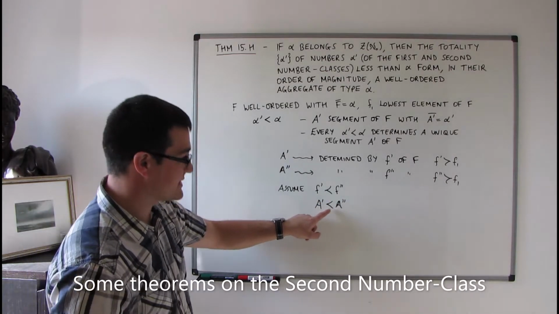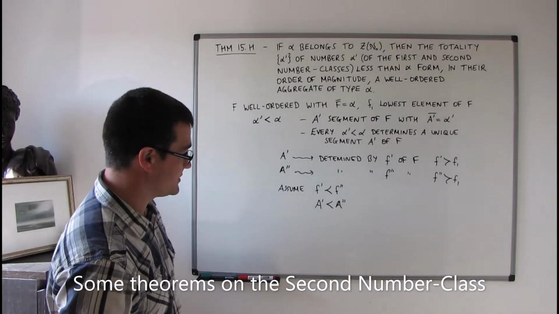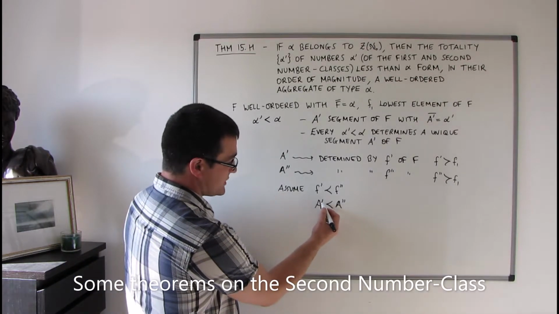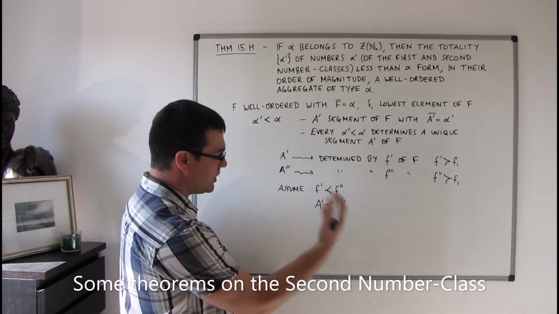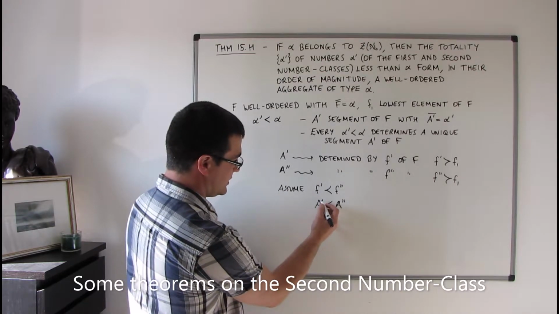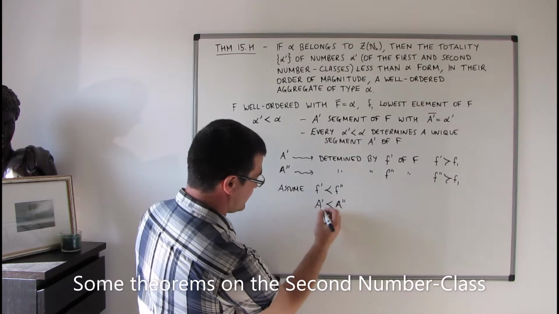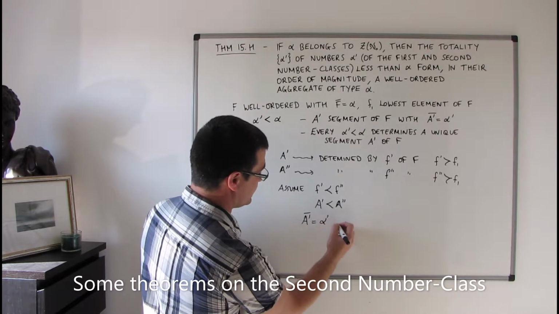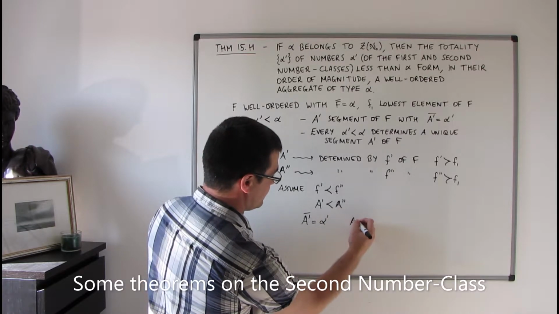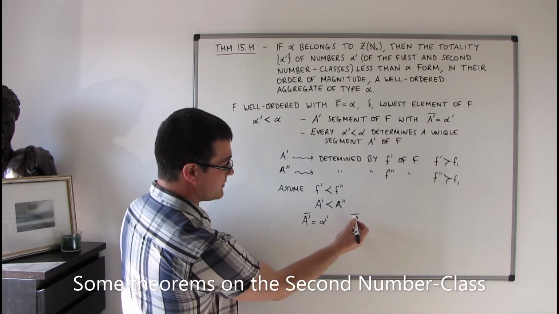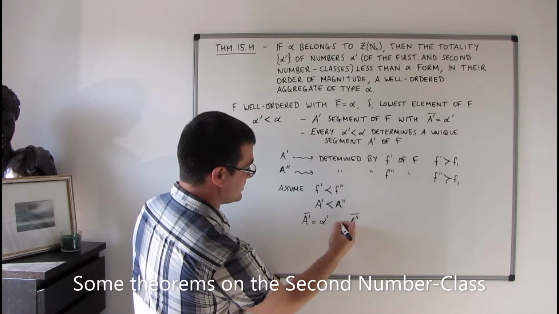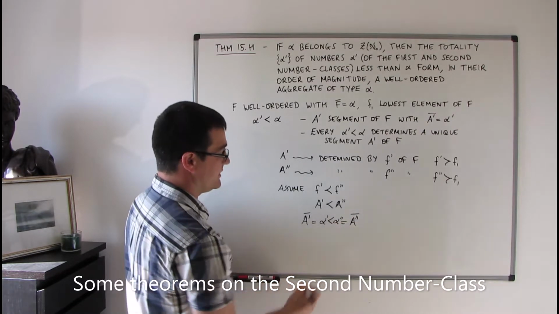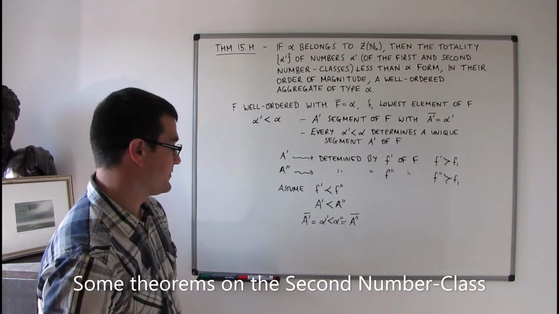A' is less than A'', just to make it clear. Well, let's say that the ordinal number of A' is alpha prime, and the ordinal number of A'' is equal to alpha double prime. Well, that means that alpha prime is going to be less than alpha double prime.